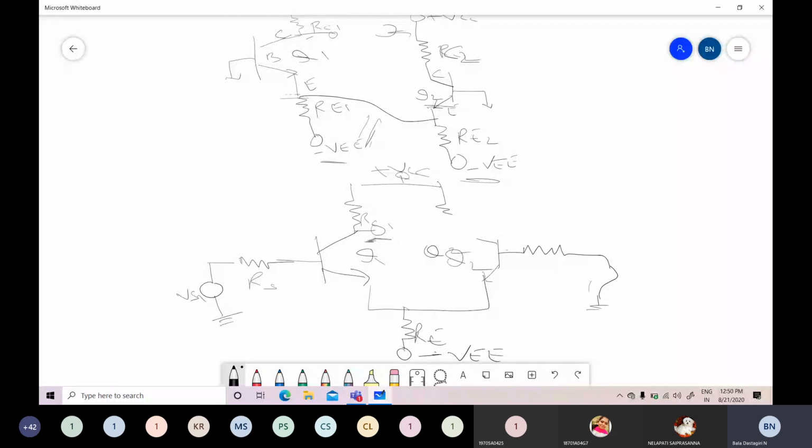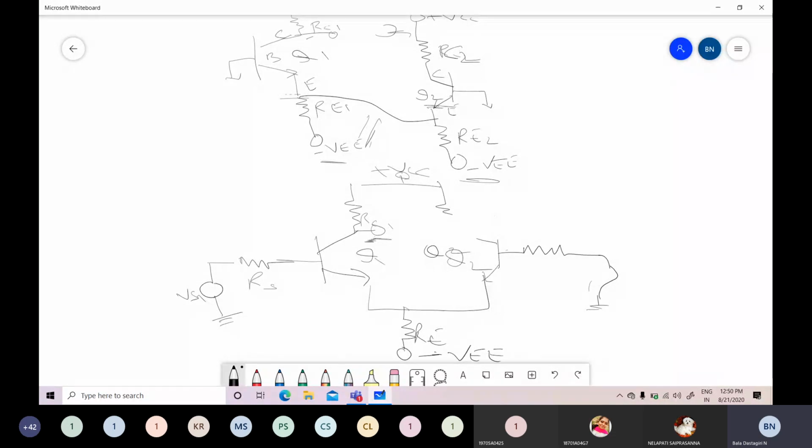The second is dual input unbalanced output, meaning it has two inputs and the output is taken across only one collector. Next, single input balanced output means one input, but the output is taken across the two collectors. Single input unbalanced output means it has a single input and the output is taken across only one collector. So these are the four configurations of your differential amplifier.